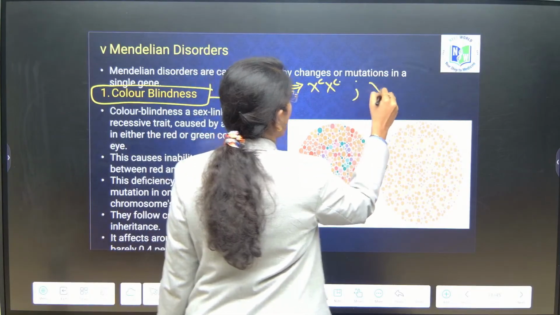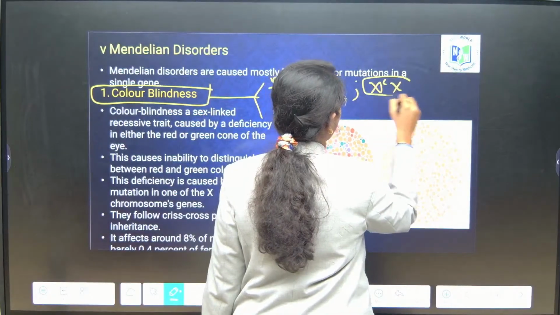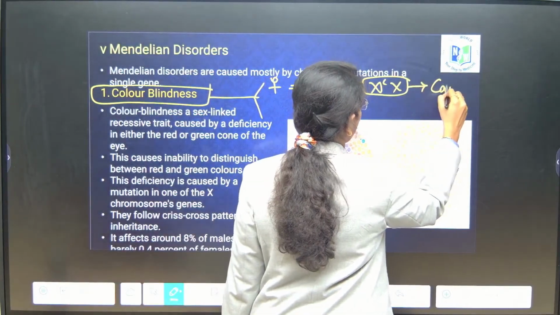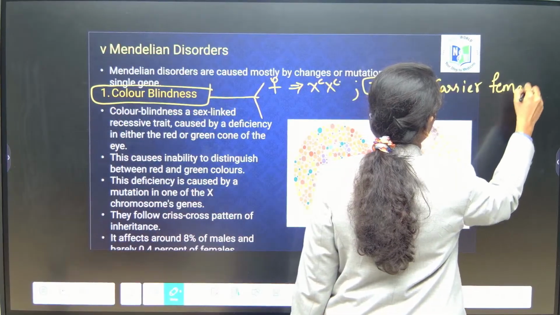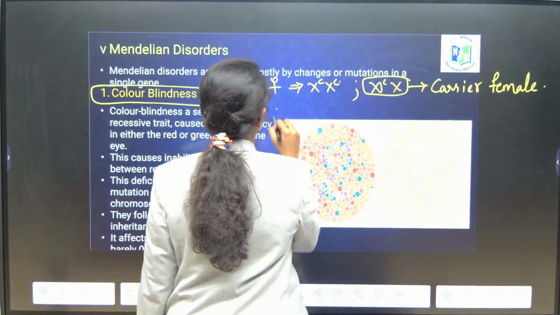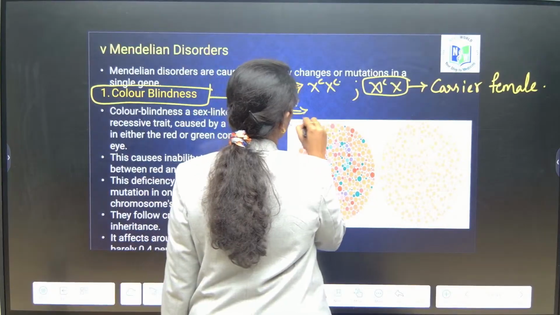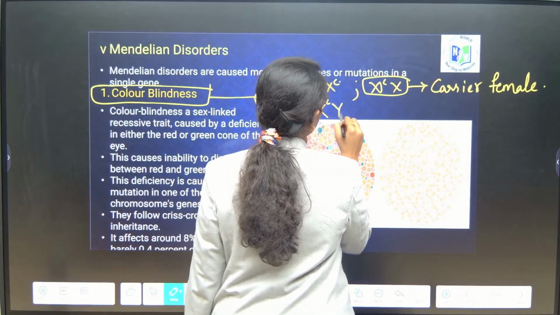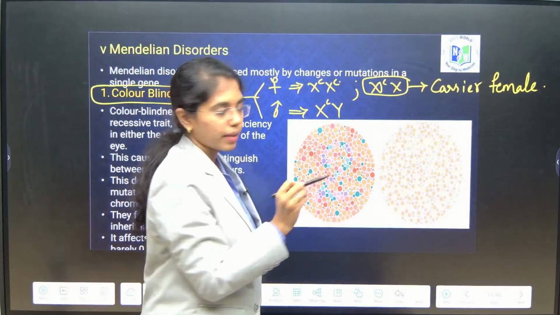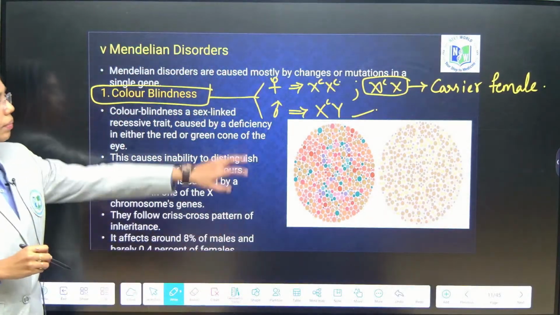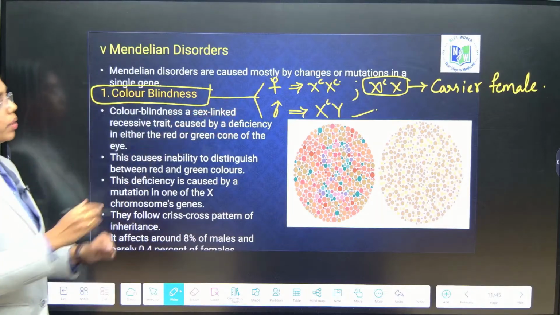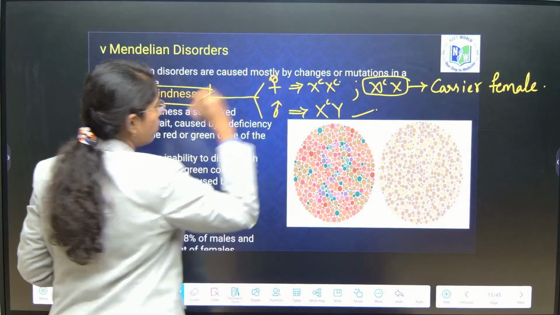If it is heterozygous condition, she is addressed as a carrier female. Next, in males, if the disease is on the X chromosome, then definitely it is inherited. This will be the pattern of inheritance in both females and males.